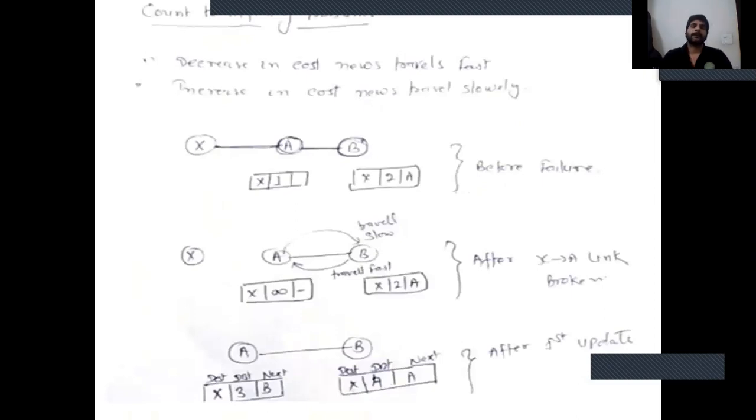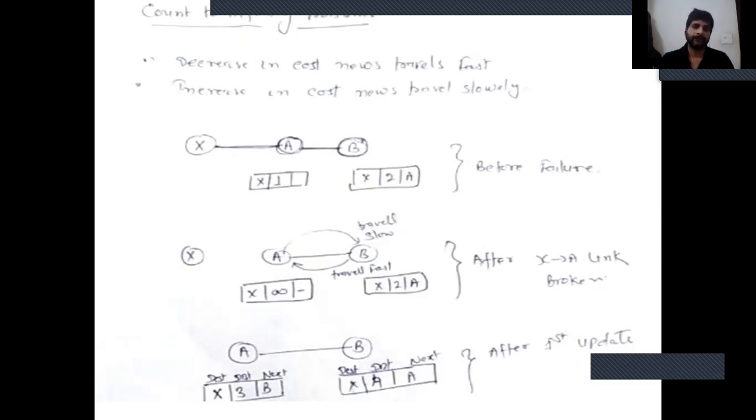This is the process of distance vector routing. But the main problem of distance vector routing protocol is the count to infinity problem. Count to infinity problem means with a decrease in cost, news travels fast, and with an increase in cost, news travels slowly.